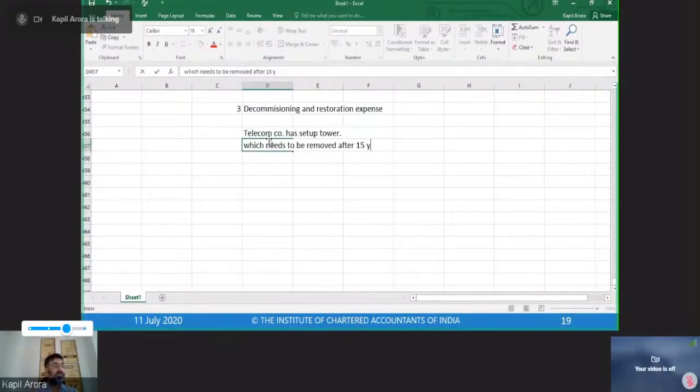The cost of the tower is, let's assume, 1 crore, whereas the cost to remove the tower after 15 years is rupees 15 lakhs.